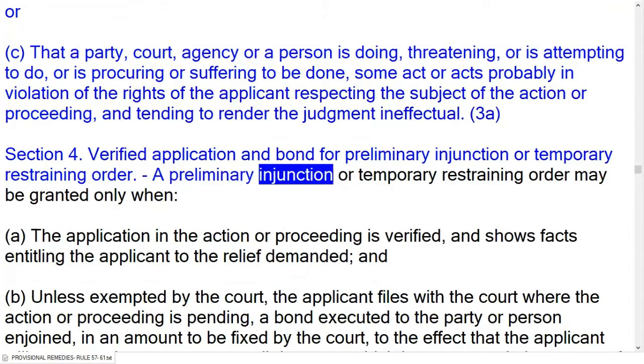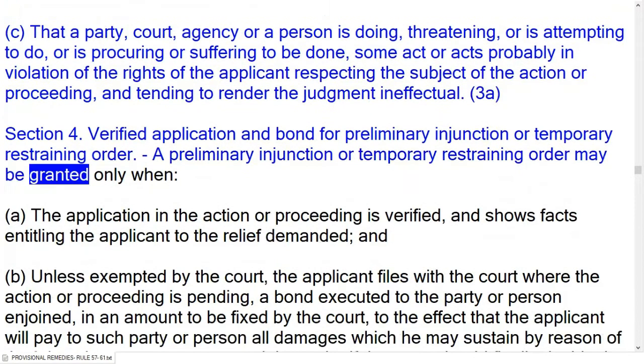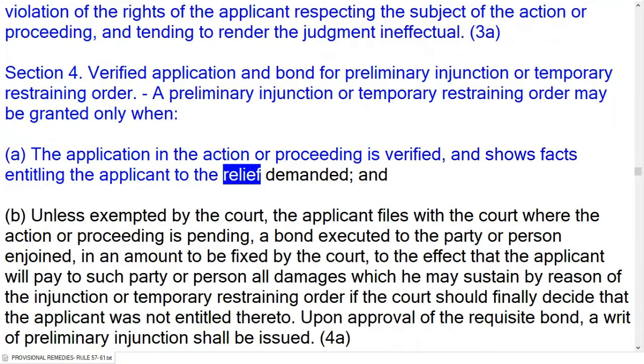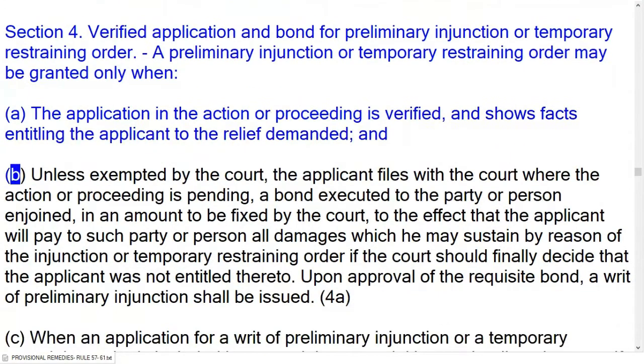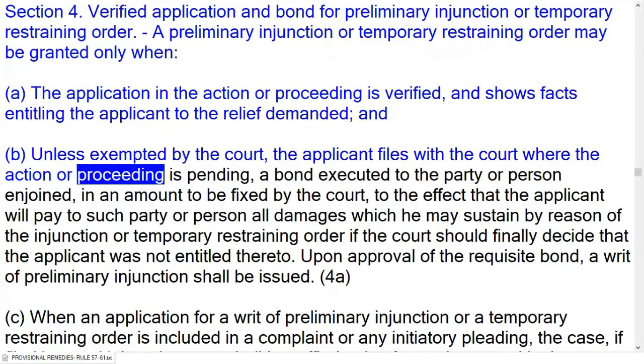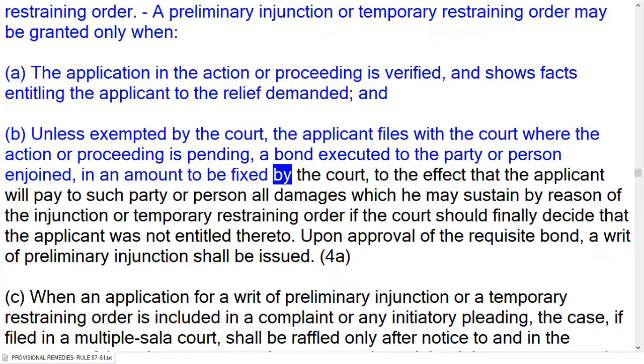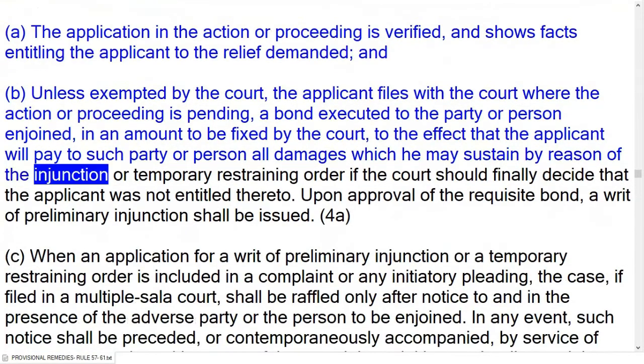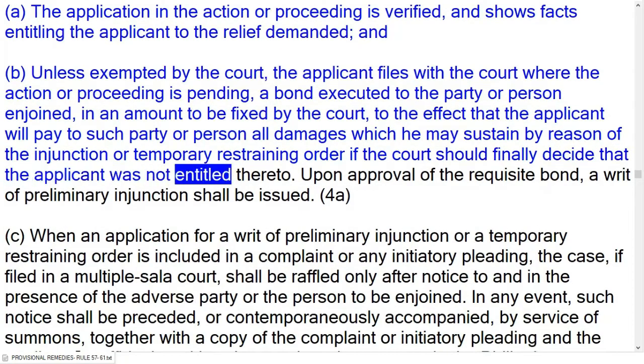A preliminary injunction or temporary restraining order may be granted only when: A. The application in the action or proceeding is verified and shows facts entitling the applicant to the relief demanded; and B. Unless exempted by the court, the applicant files with the court where the action or proceeding is pending a bond executed to the party or person enjoined, in an amount to be fixed by the court, to the effect that the applicant will pay to such party or person all damages which he may sustain by reason of the injunction or temporary restraining order if the court should finally decide that the applicant was not entitled thereto.